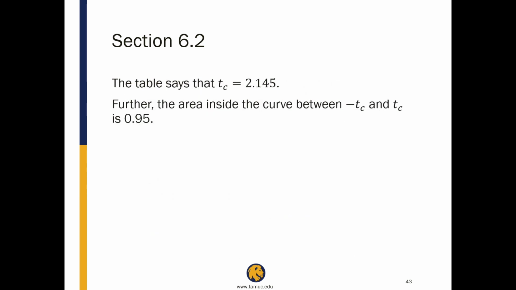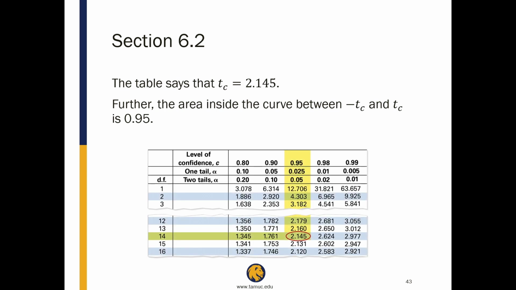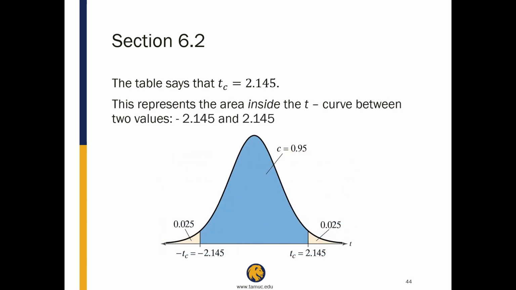So what we can say is, given that now we know the critical value t sub c is 2.145, we can also tell that since we're using 0.95 as our level of confidence, that also corresponds to the area inside the curve between the critical values negative t sub c and positive t sub c, much like we're going to see in this picture here.